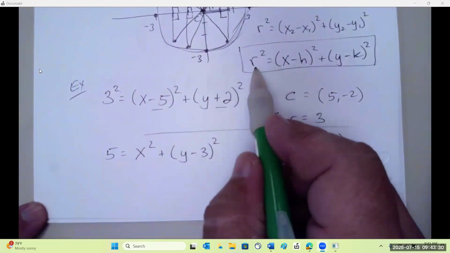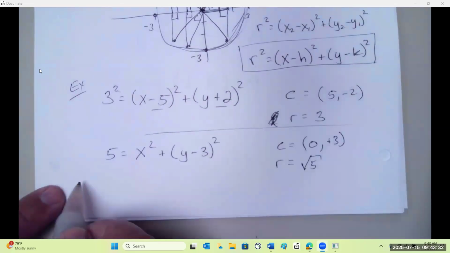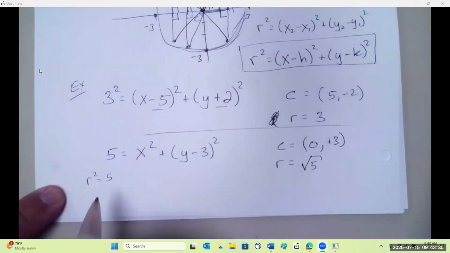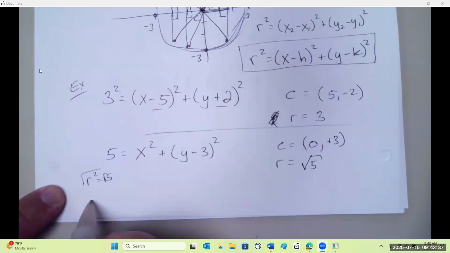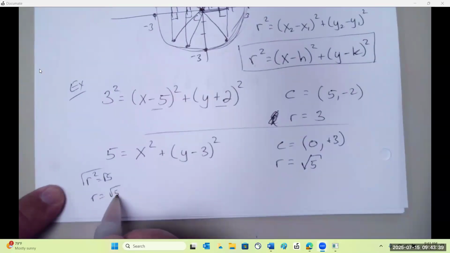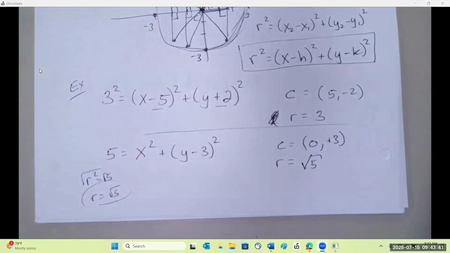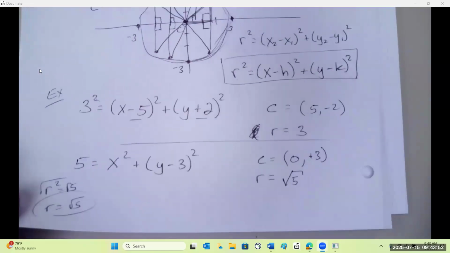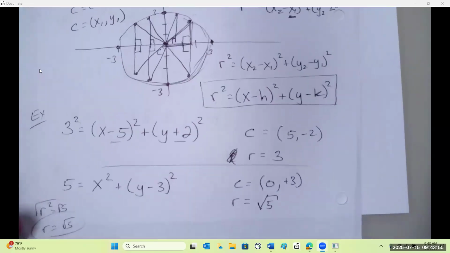Because the formula says r squared equals this. So if r squared equals 5, then r is equal to the square root of 5. Another way I can give you that formula is if I had it in square root.